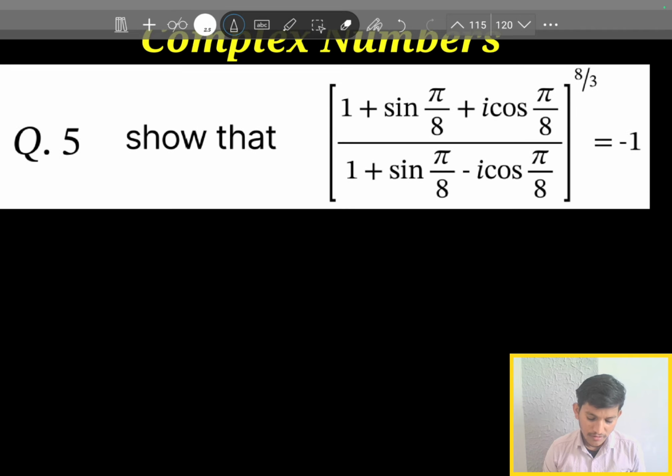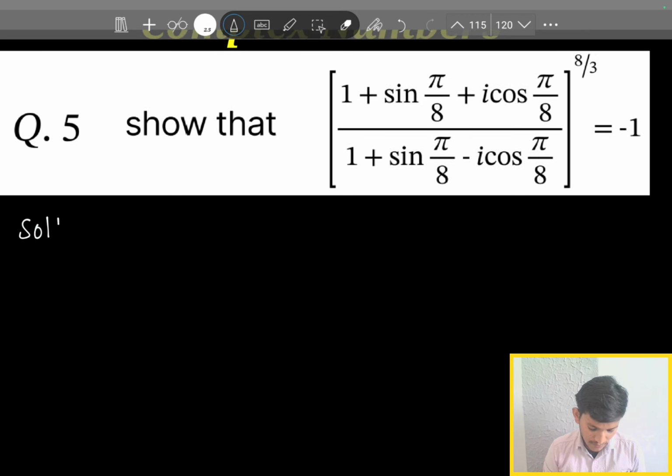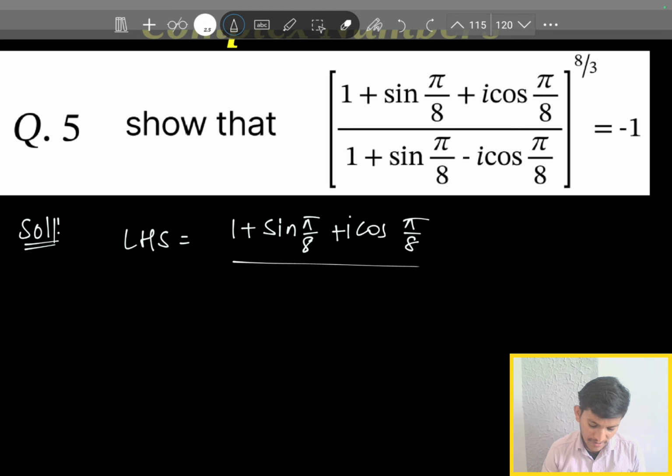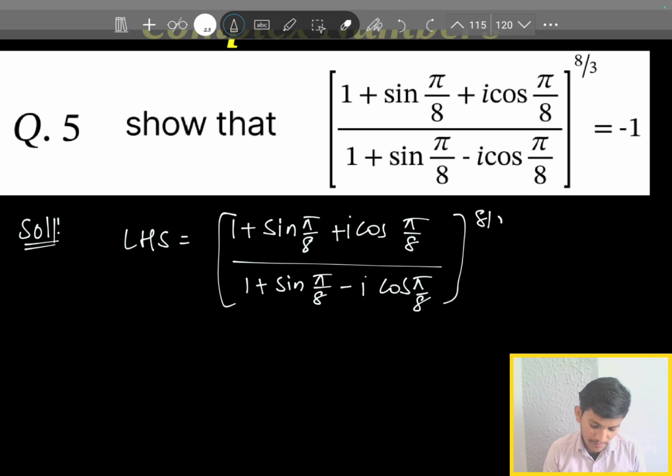So here we can write the solution. Left hand side equals ((1 + sin(5π/8) + i cos(5π/8)) / (1 + sin(5π/8) − i cos(5π/8)))^(8/3).